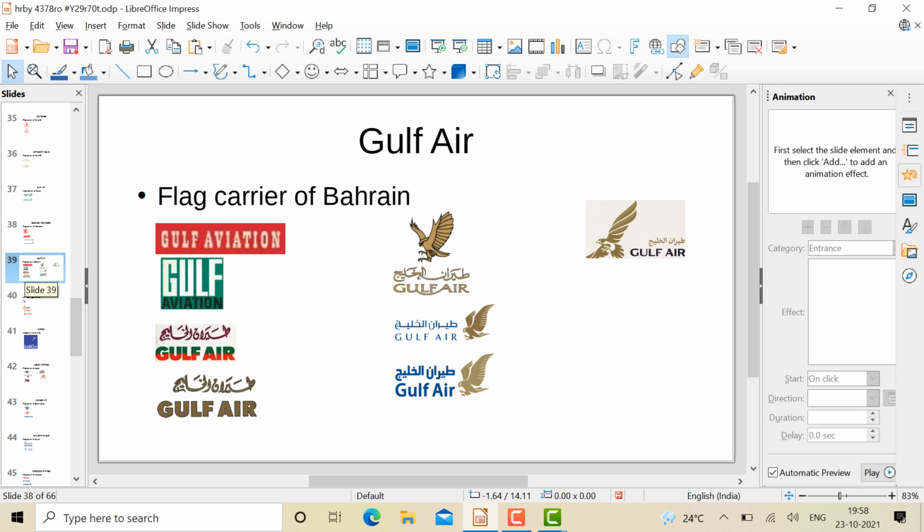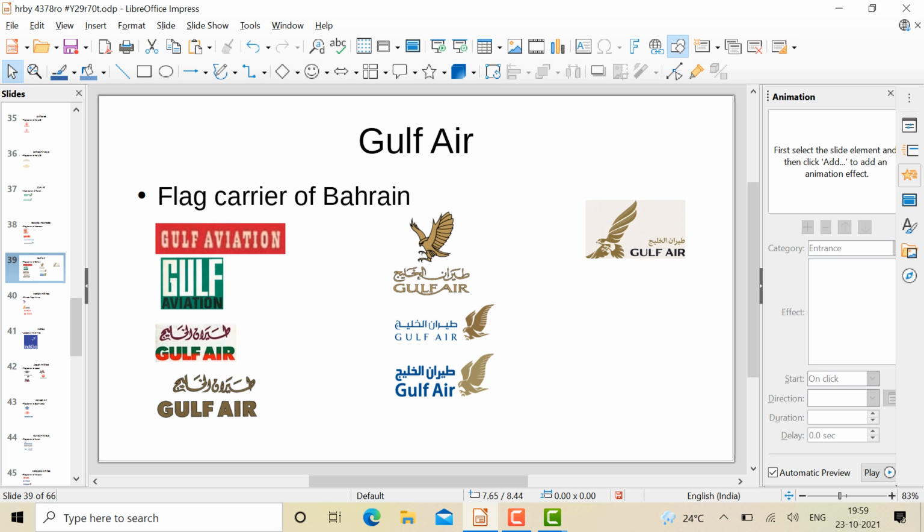And then we have Gulf Air. Gulf Air's logo has evolved much over time. The first name was Gulf Aviation, written in red letters. Before there was green, and Gulf Aviation was completely changed. And we have Gulf Air.